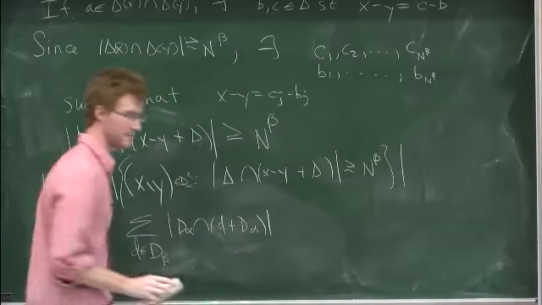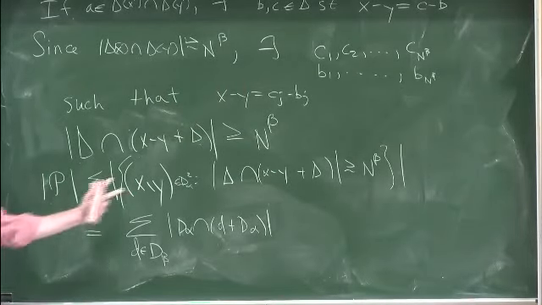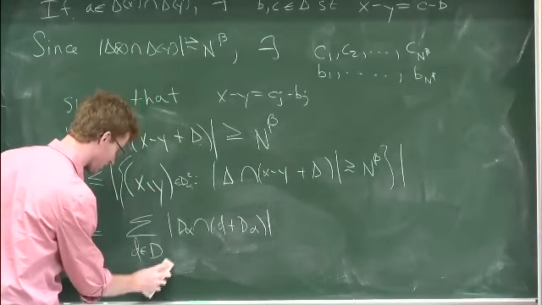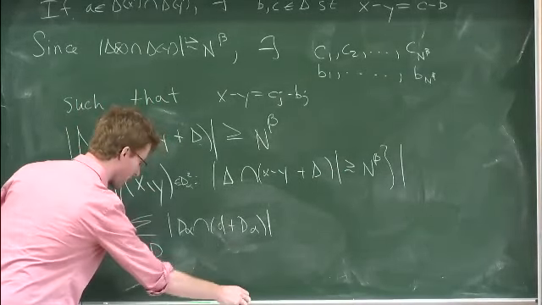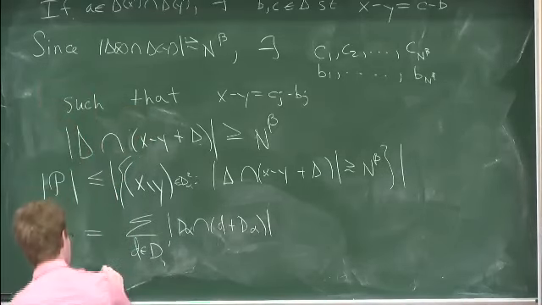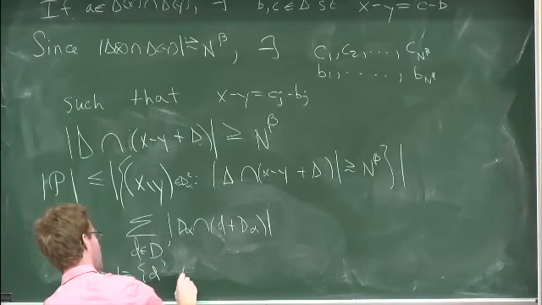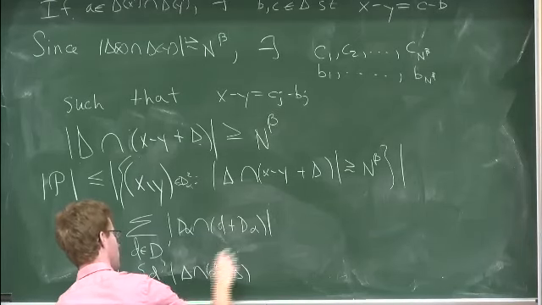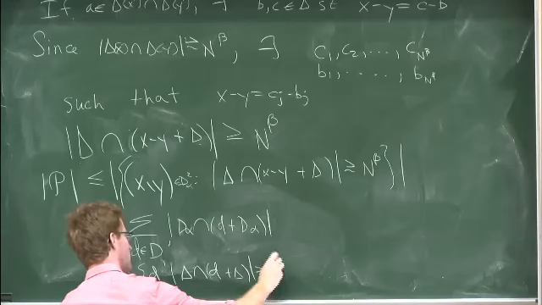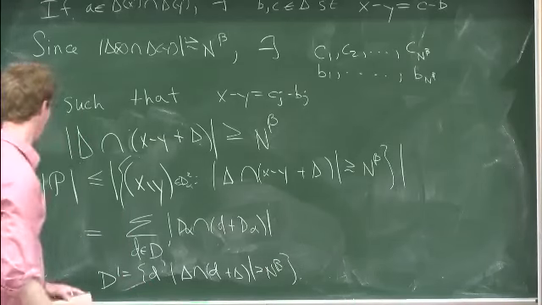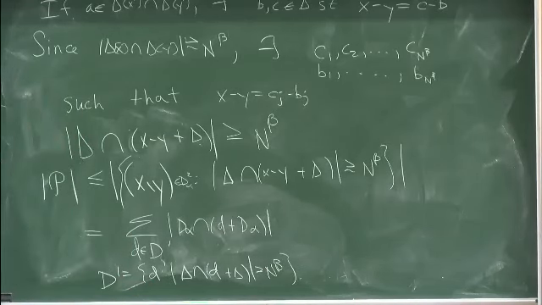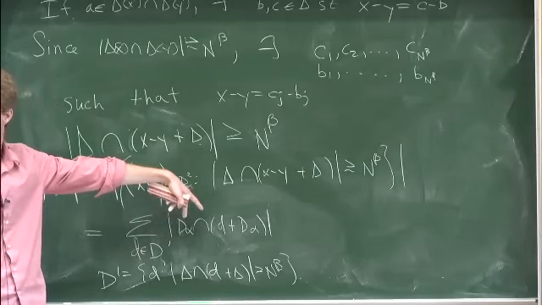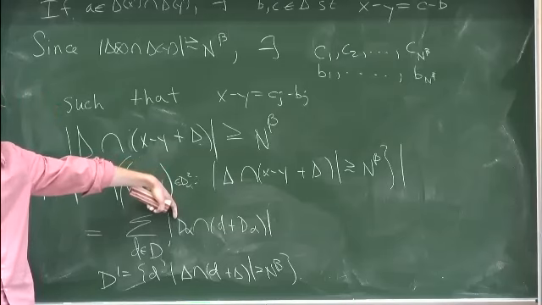For every x and y here, x minus y lands me in some different set, which I'm now calling d prime, where d prime is the set of all d such that the count is bigger than n to the beta. Okay, and then once again, I'm going to apply Cauchy-Schwarz to get some estimate on the L2 norm of this function, which is the same thing as the energy of the set D sub alpha.